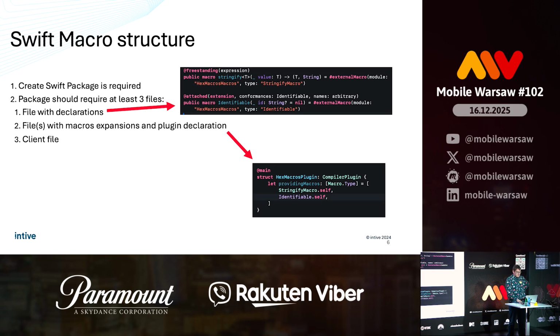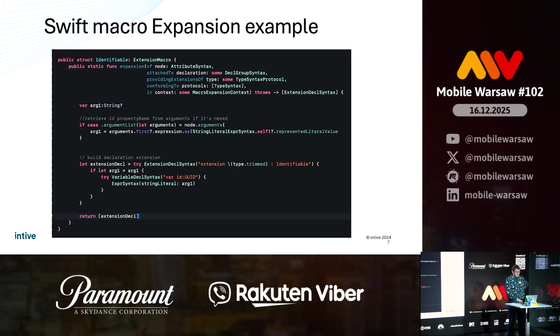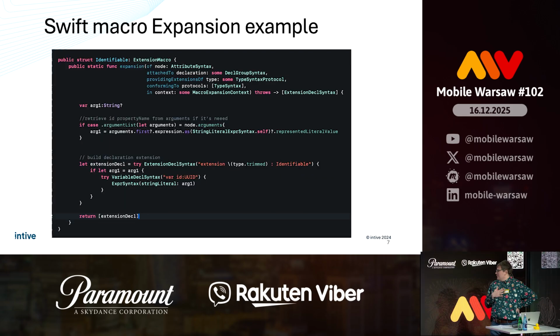Okay, so let me show a Swift macro example. At first sight, it looks a little bit difficult, but I will explain what it does. First, we retrieve an argument from the macro call, and we fetch from the node some string, and in another step we build a declaration extension.